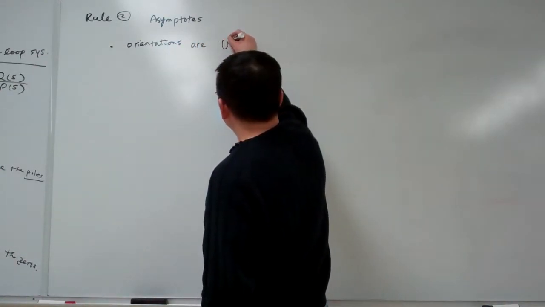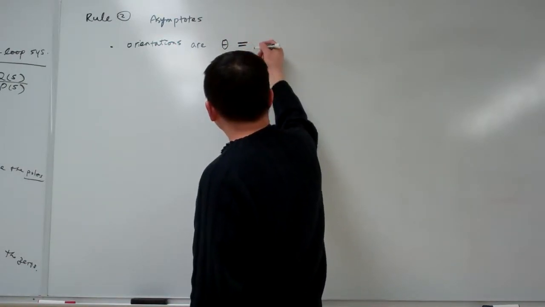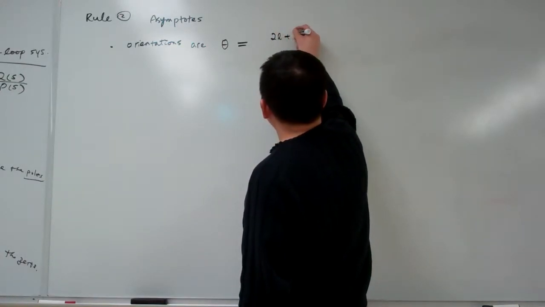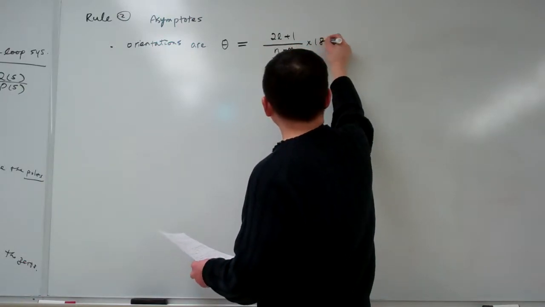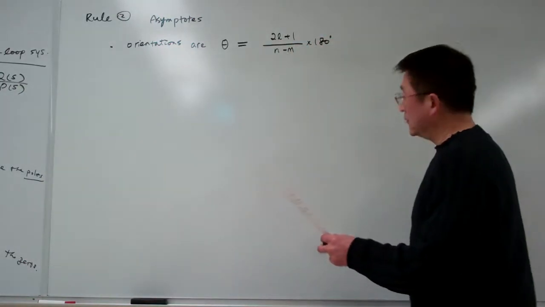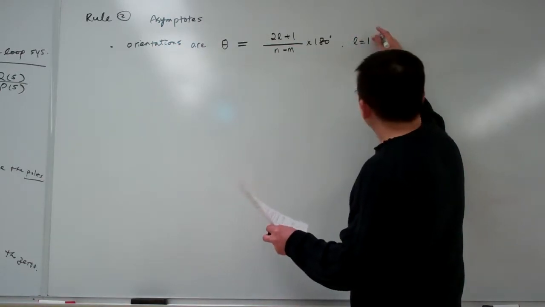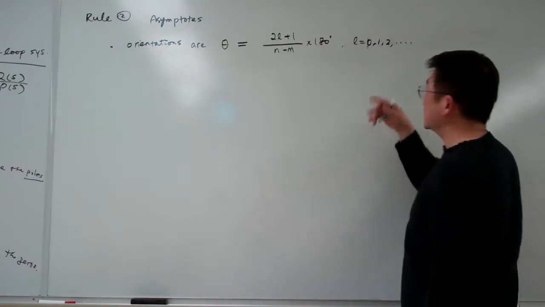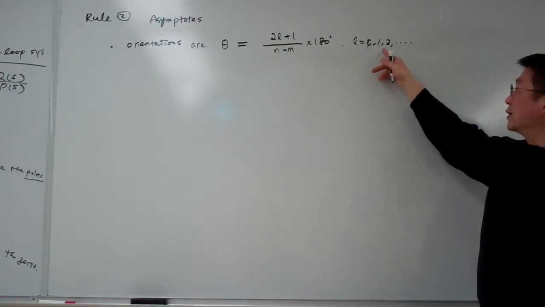this equation. Let me use theta. Theta is equal to (2L plus 1) divided by (n minus m) times 180 degrees. And here L equals 0, 1, 2, etc. until the numbers become cyclic, as we will see.